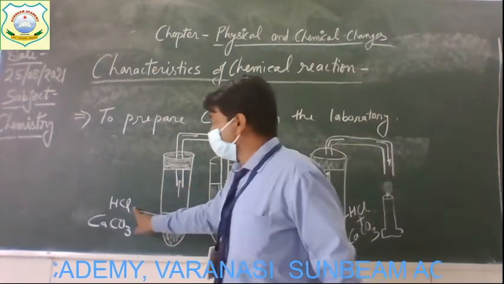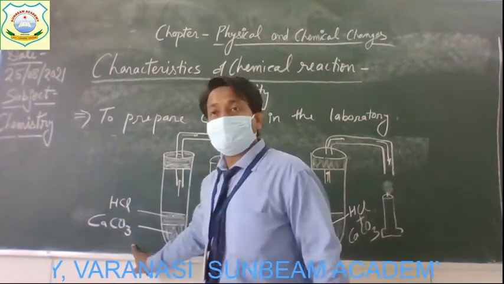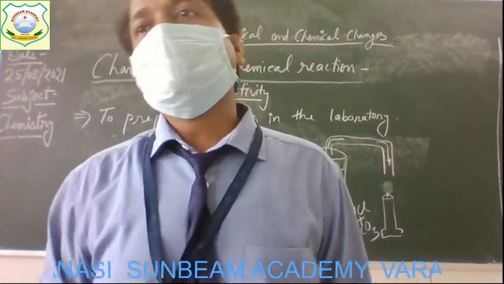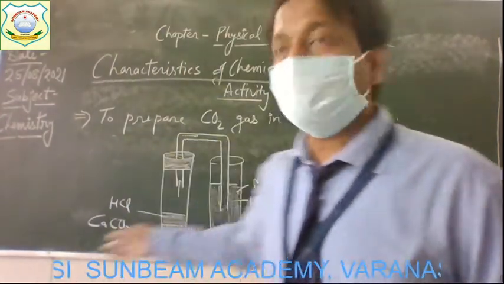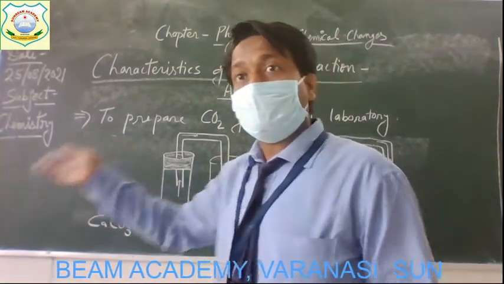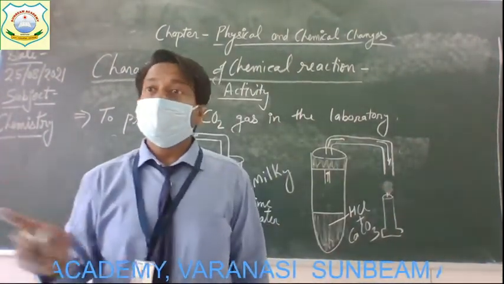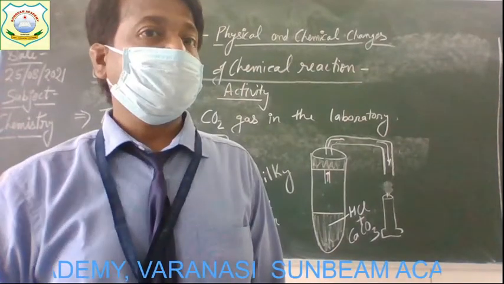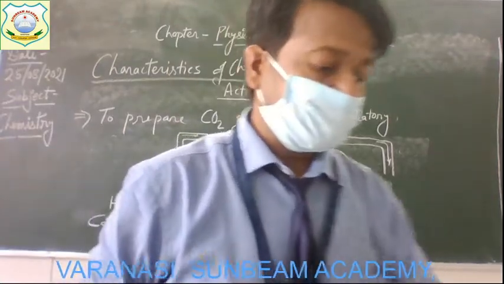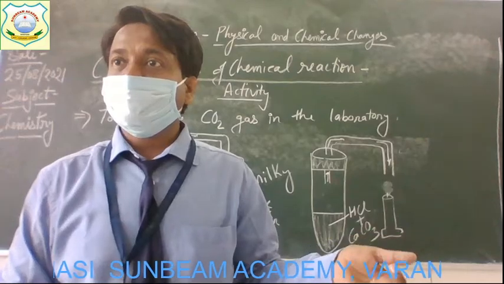We require two materials simply to produce this gas: one is hydrochloric acid and another is calcium carbonate. When they both react, carbon dioxide gas is produced, and we can show that in these two ways. It turns the lime water milky, and it also extinguishes the flame of the candle. Clear? This activity is also given in your chapters. That is why I have explained it.